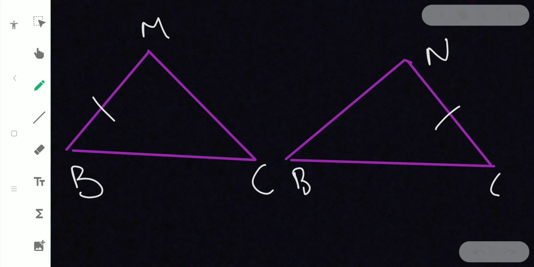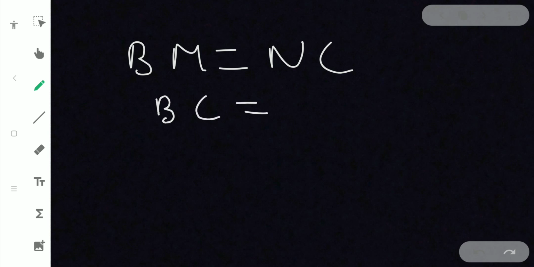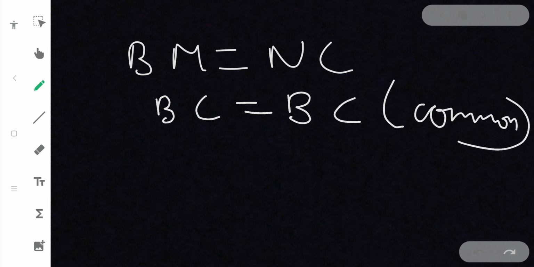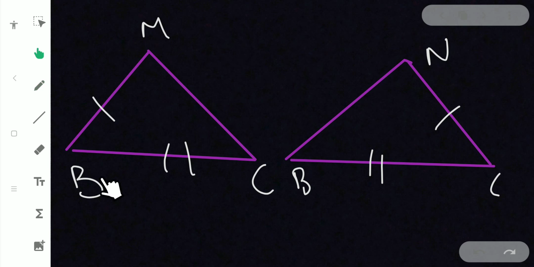We are having BC is equal to BC, so I can write them as they are two common. BC is equal to BC common, and this is given. And another thing we are having is MC is equal to NB.